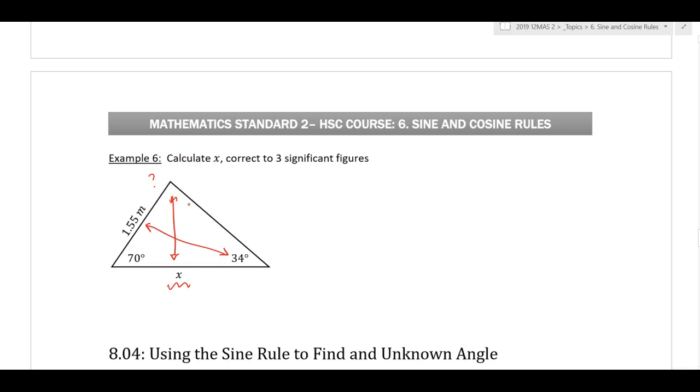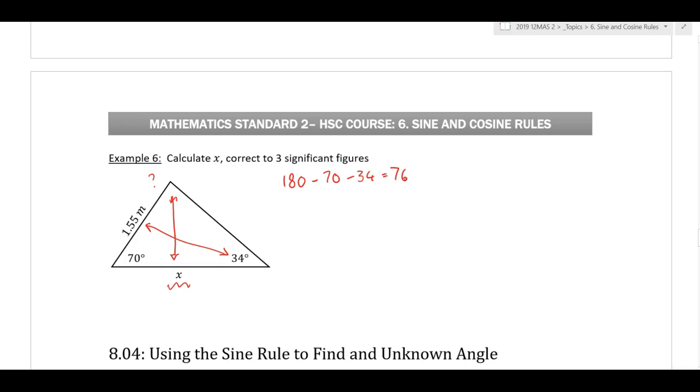Well, of course we can, because the interior angles of a triangle are going to add up to 180. So, I'm going to say 180 minus 70 minus 34 equals, what's that? Is 76 degrees.